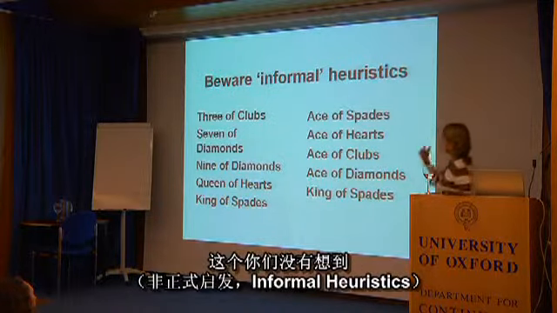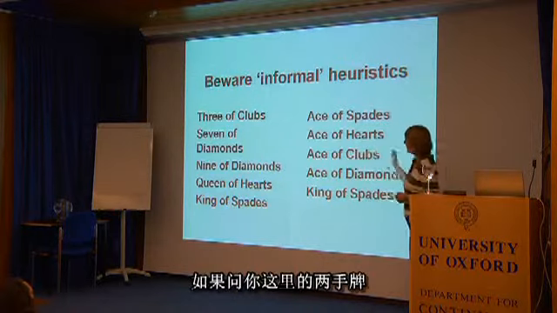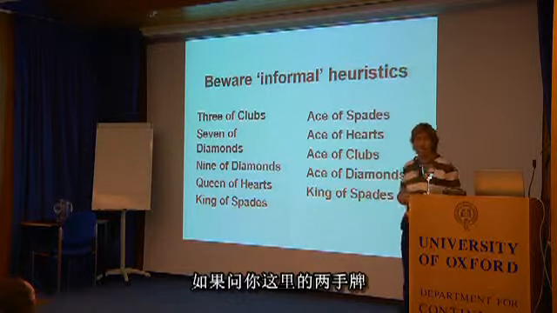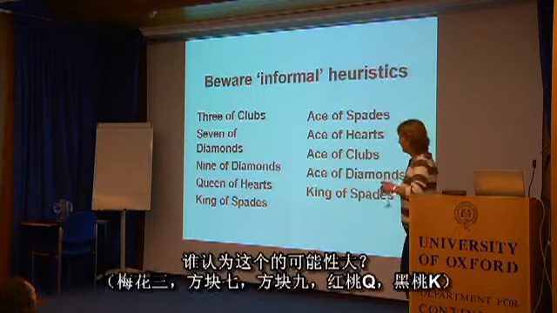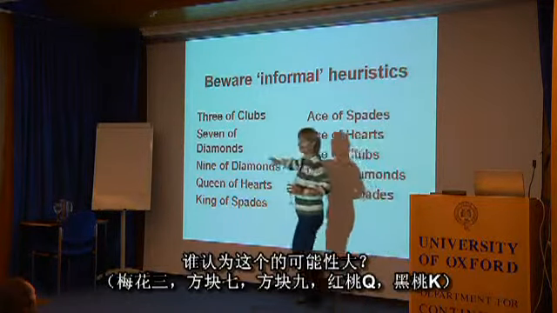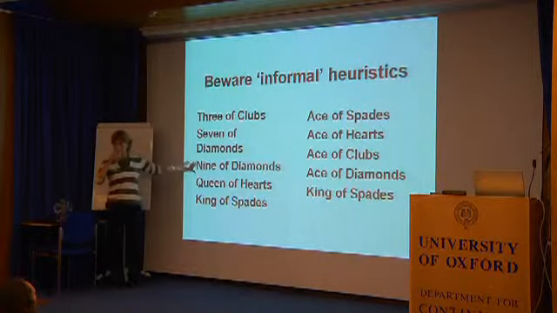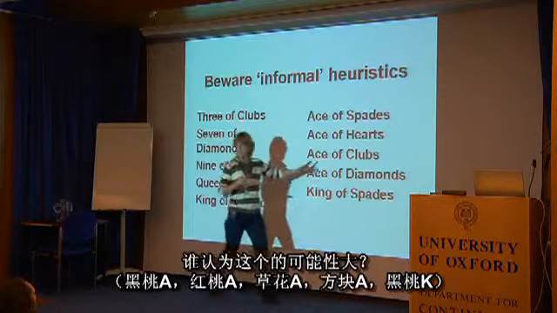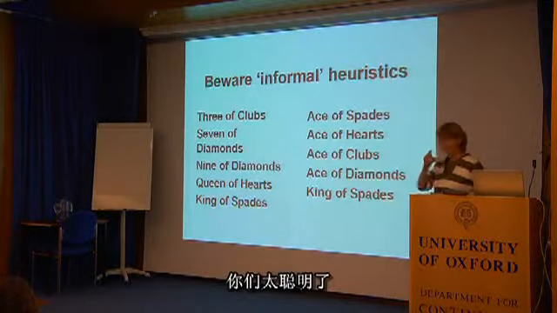Here's another one. Here's one you haven't thought of, and perfectly reasonable that you shouldn't. If you were asked, here are two hands of cards, which one is most likely to come up? Who thinks this one is most likely to come up? No? Okay, who thinks this one is most likely to come up? No, you're all very clever, aren't you?